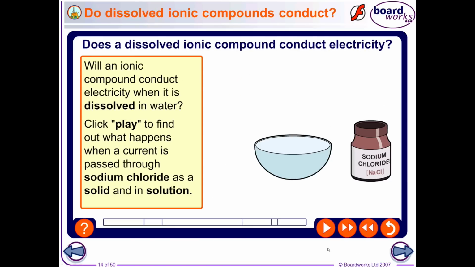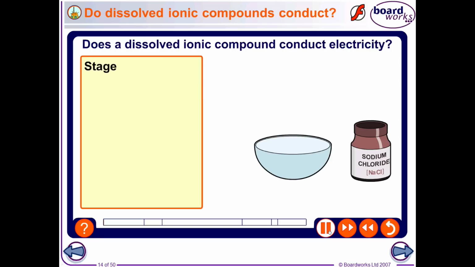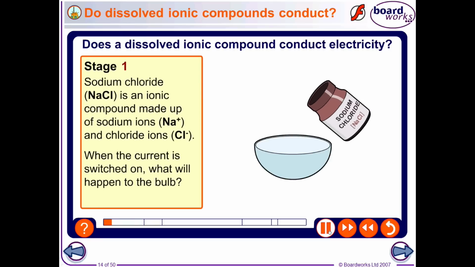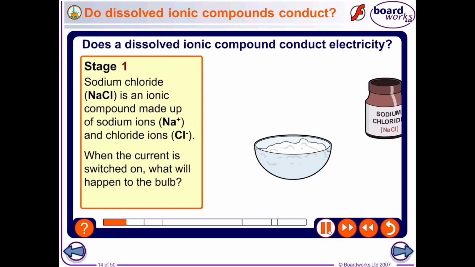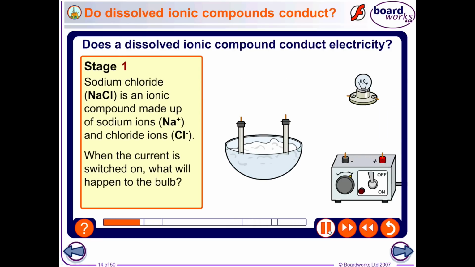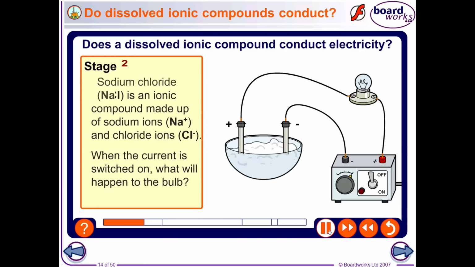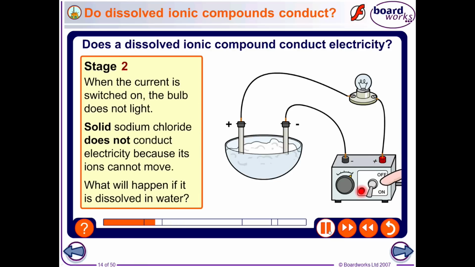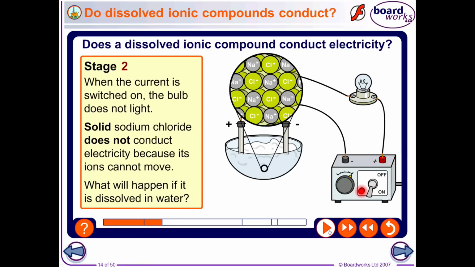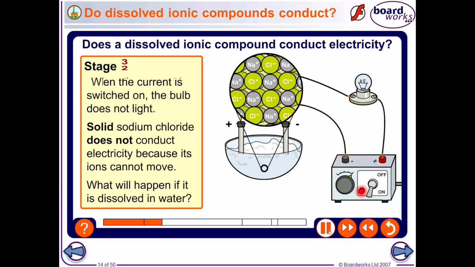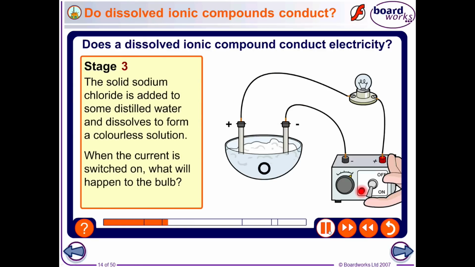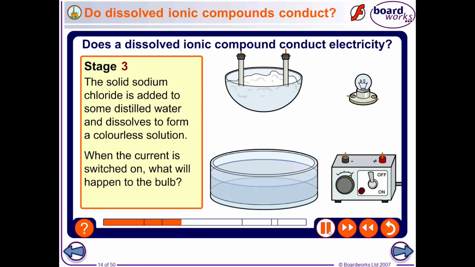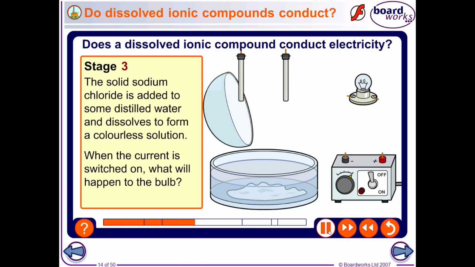Now if we look at our second example with sodium chloride, as you would expect, if we take some solid sodium chloride and try and pass electricity through it, we're not going to get any joy because the ions are in a fixed position, solid state, they're unable to move, therefore it's not going to conduct electricity and the bulb won't light up. What we can do, different to melting it, is we can dissolve it in water.